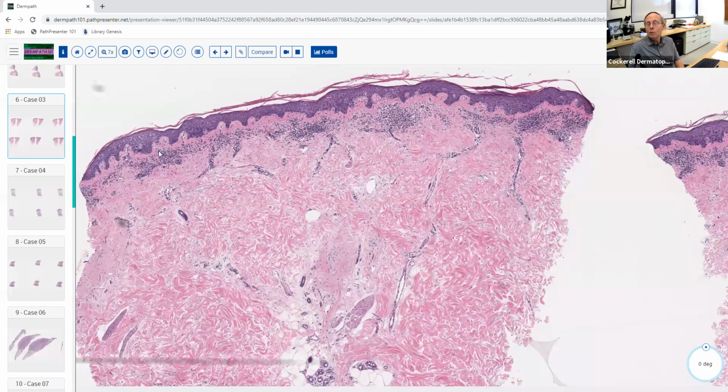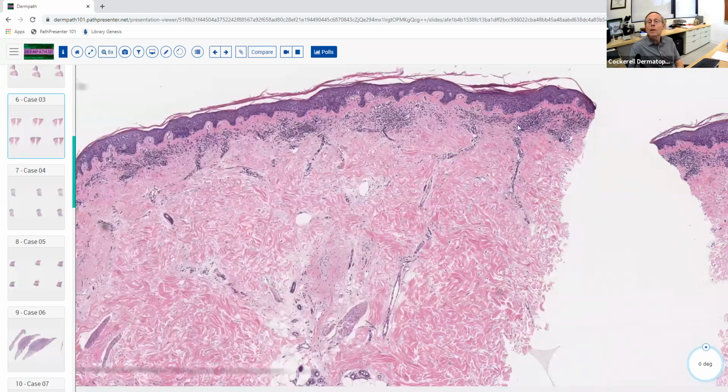You'll hear people describe it that way in conferences. Well, if you feel brave, hold your hand up and say Dr. Cockerell said it's not lichenoid because it's not really obscuring the dermal-epidermal junction. That's important because this diagnosis does not usually give a true lichenoid infiltrate. So this band-like infiltrate of lymphocytes is a helpful description, just like you said.